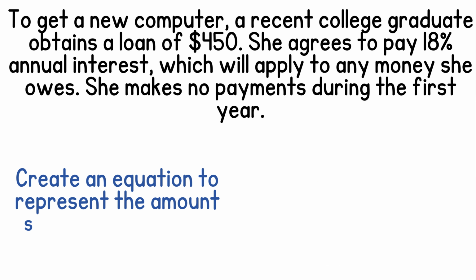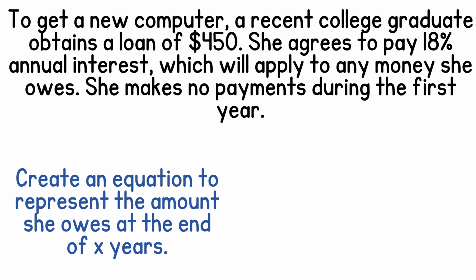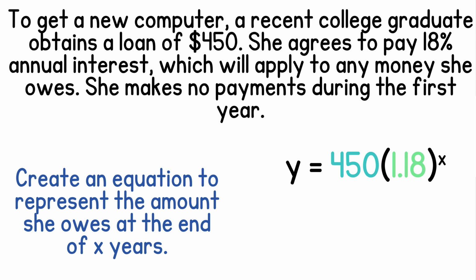Now let's create an equation to represent the amount she owes at the end of x years. So we'll take our exponential function, where a is the initial amount, which in our case is 450, and b is our multiplication factor, which in this example was 1.18.